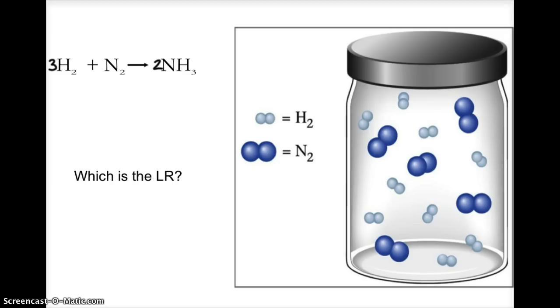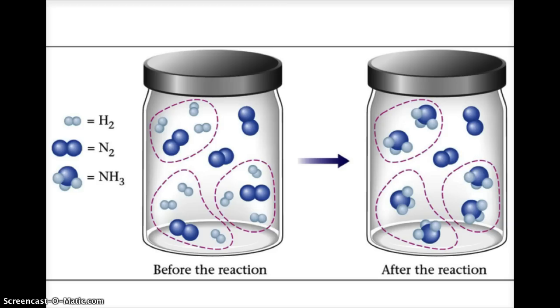But the limiting reactant is actually the H2 because the H2 is going to combine with the N2 to make NH3 and you will have 2 N2 molecules left over.